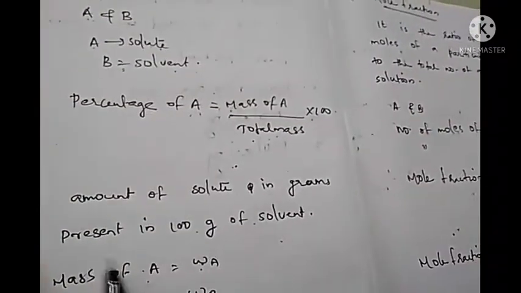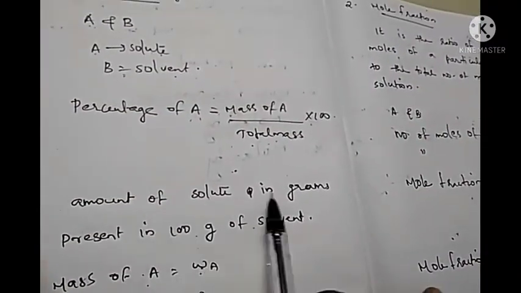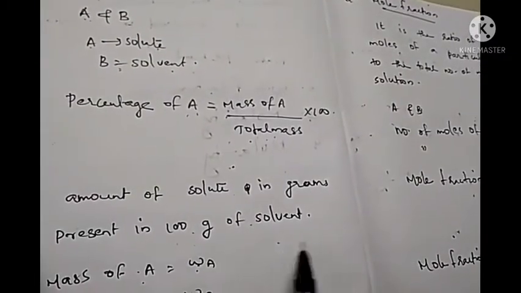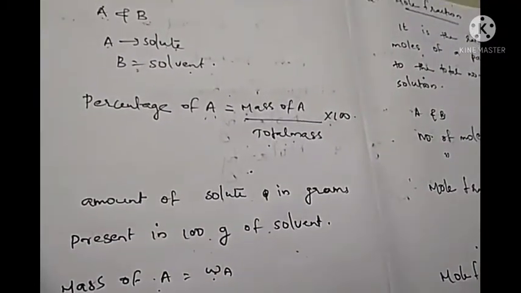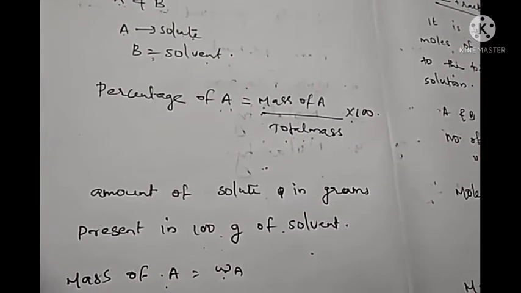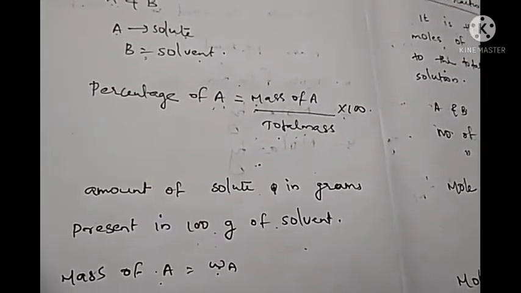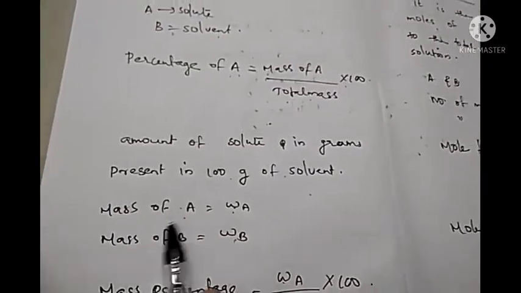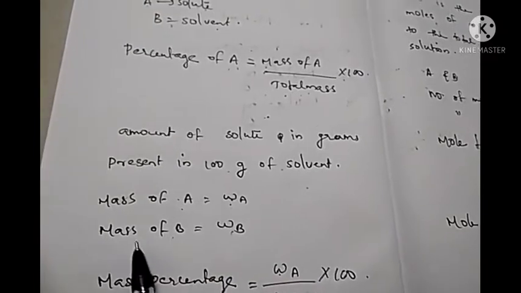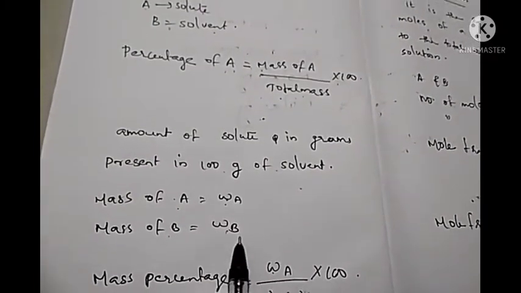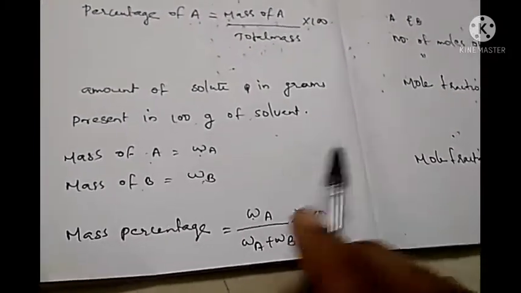Now how can we define this mass percentage? It is the amount of solute in grams present in 100 grams of the solution. How much solute is present in 100 grams, that is known as the percentage of solute. Now suppose the mass of A, that is the mass of the solute, is WA and the mass of the solvent B is WB. What will be the mass percentage?